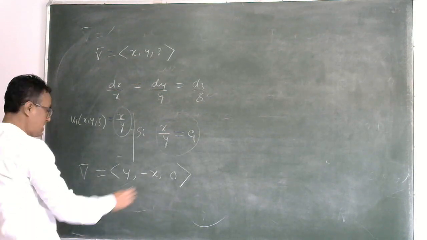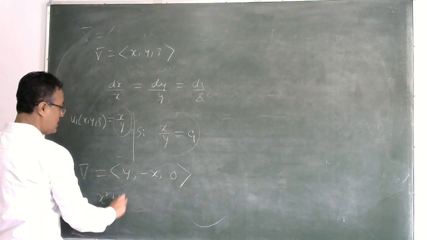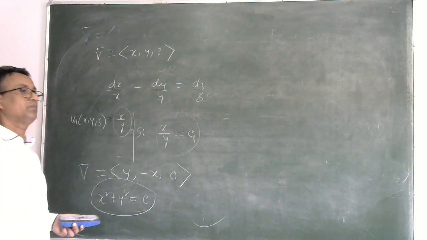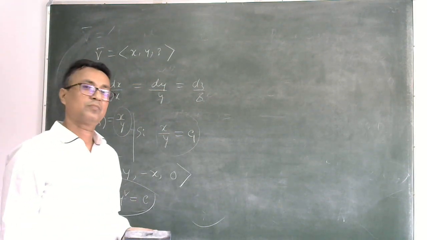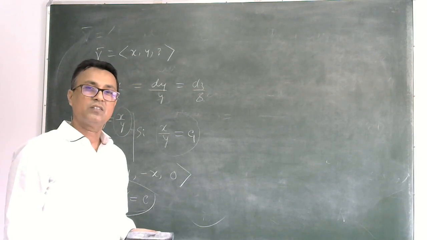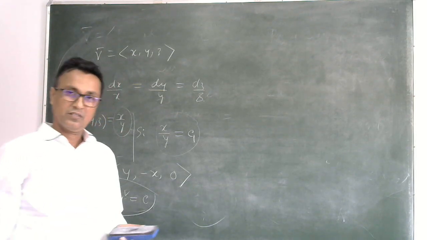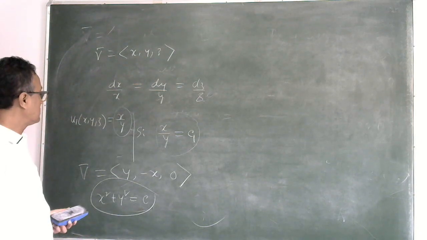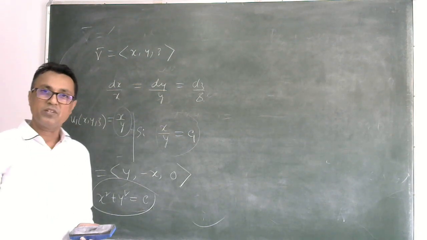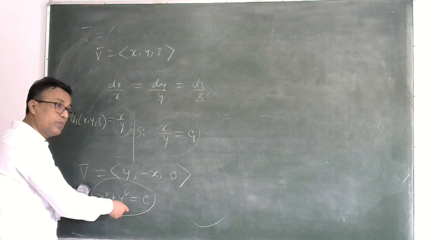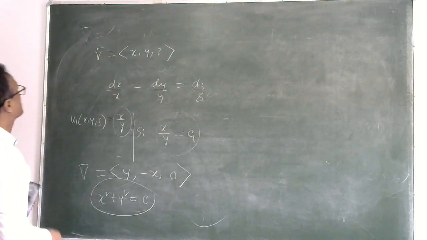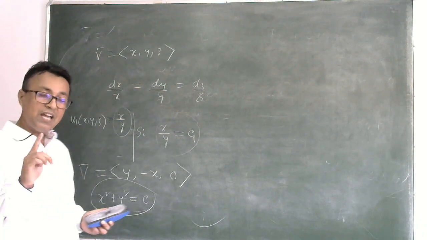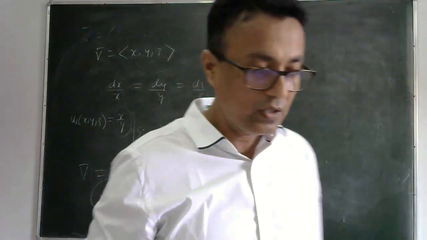From here I can get something like x squared plus y squared equal to c, which is nothing but a circular cylinder in the xyz space. So this is also going to be an integral surface corresponding to this vector field. Is it okay? Fine.